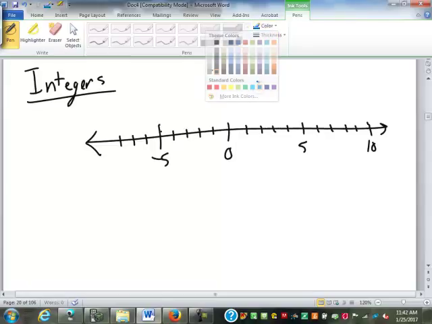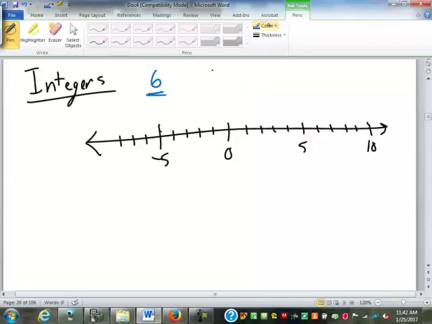To represent a number on the number line, there's a couple of options. If I want to represent the number 6, I can just put a dot at 6. That works. But that's more of just a representation. It's not much of a usable definition or mechanical definition. The more usable definition or representation is to start at 0 and to draw a vector.